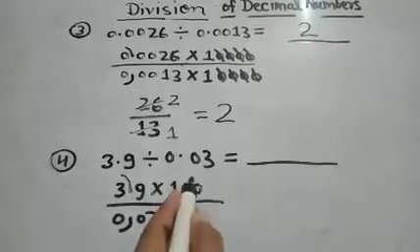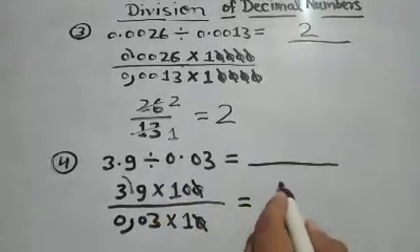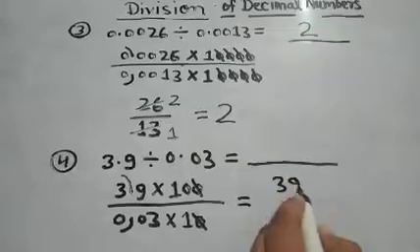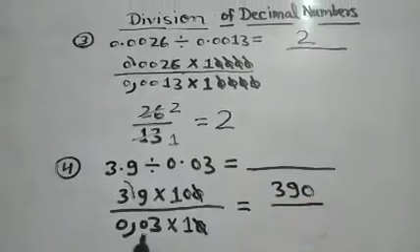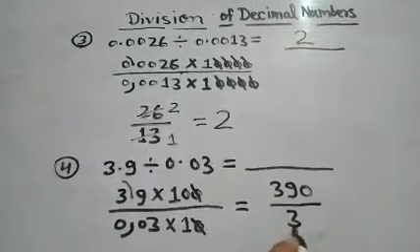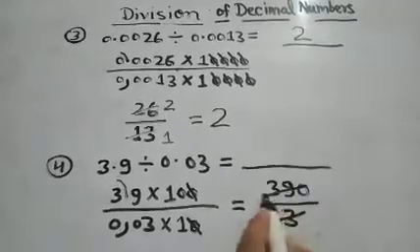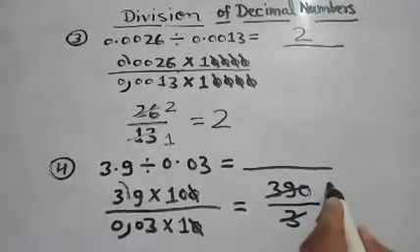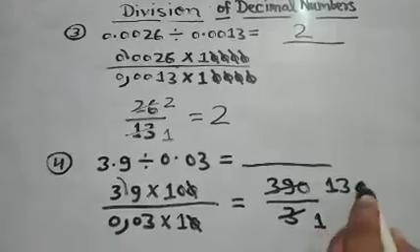Now skip the common 100, then the number is 39 10s are 390 and 3 1s are 3. Now cut, 3 1s are 3, 3 3s are 9 and 3 0s are 0.